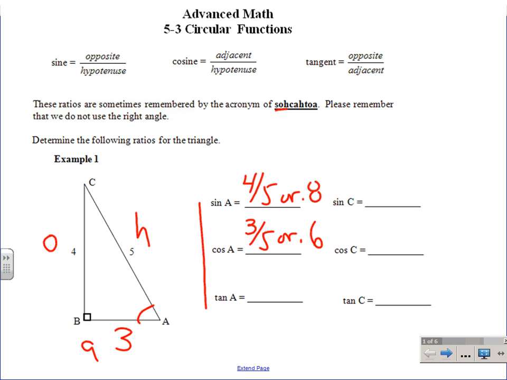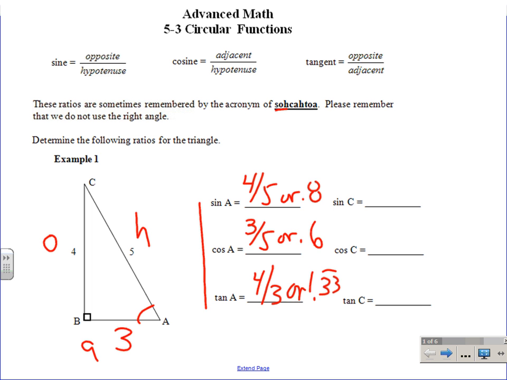And there is another reason that it will be less than 1, and we'll hopefully make that connection soon. Tangent really doesn't have to follow those rules because it's some version of opposite and adjacent, right? It could be the bigger one, could be the smaller one, who knows? But tangent of A here would be opposite, which is 4, over adjacent, which is 3, which is, well, we'll say 1.33, you get the idea, right? Any disagreements with angle A's sine, cosine, or tangent?